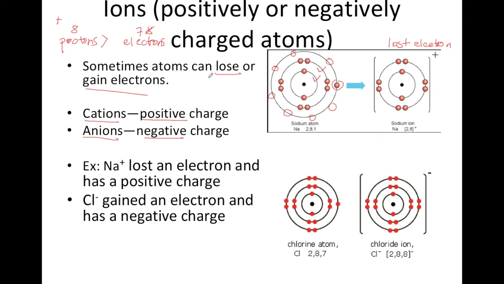On the other hand, let's look at chlorine over here. Chlorine has the first shell happy, the second shell happy, and in the third shell, oh my goodness, it's just missing 1 electron. So it has 7 out of the 8. And from chlorine's perspective, it's like, I just need that 1 electron. That's all I need to complete my collection. So I'm just going to take it from sodium.